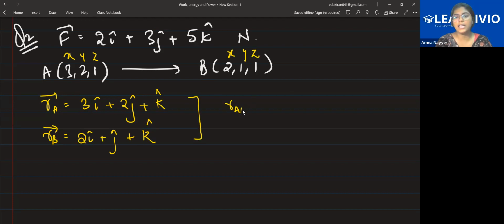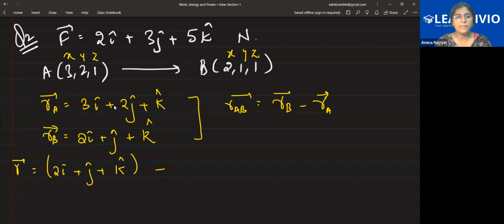So RAB will be equal to RB minus RA, final minus initial. So what is this? Position vector finally equal to 2I cap plus J cap plus K cap minus 3I cap plus 2J cap plus K cap.